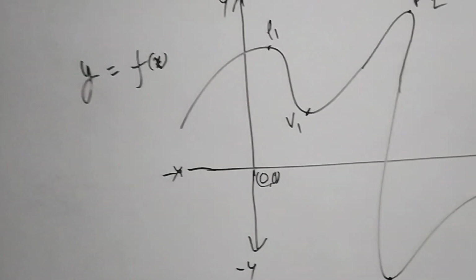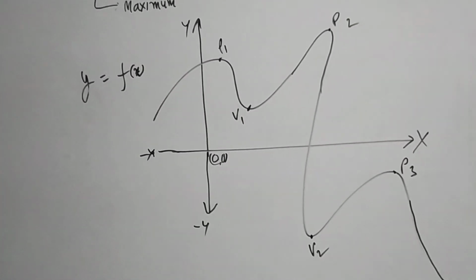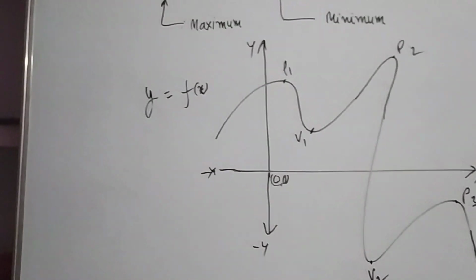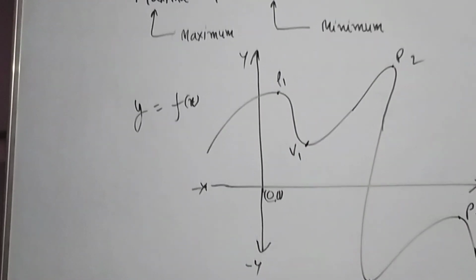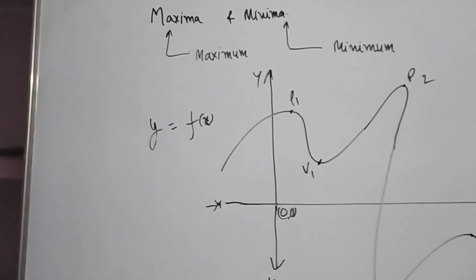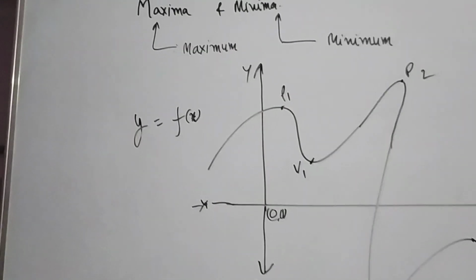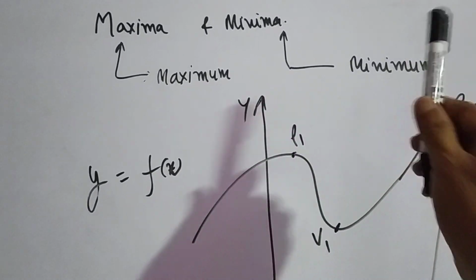We have to relate the maxima and minima from these points. One thing more I can add here, that the words maxima and minima are from Latin. But maxima is related with maximum and minima is related with minimum.